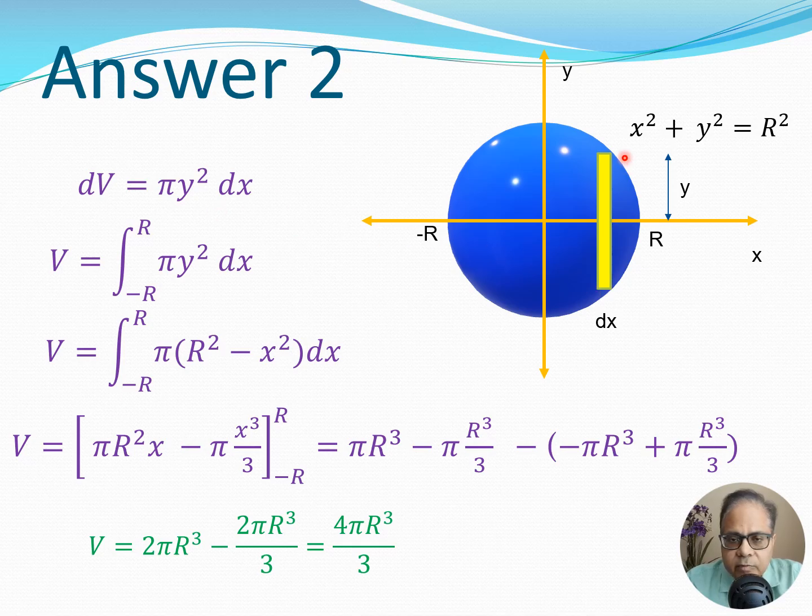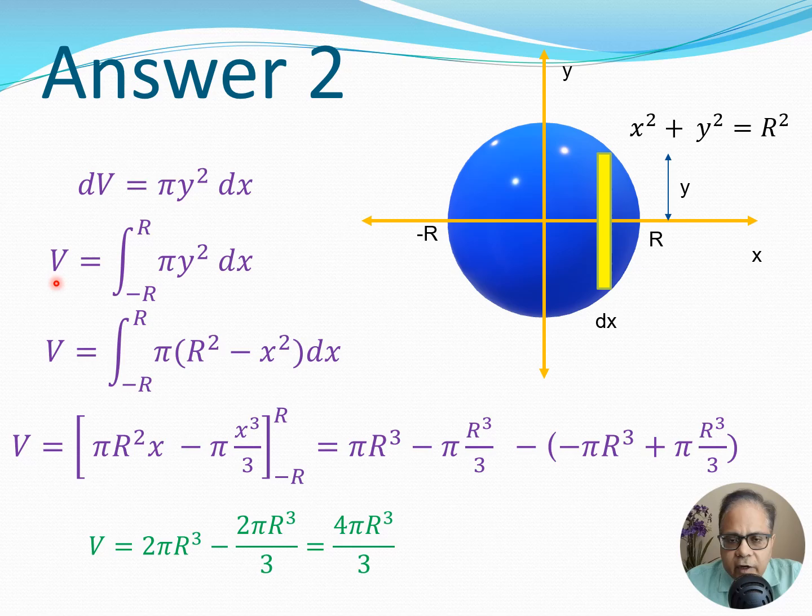Remember, y is this particular radius here, and this y of course varies as the circle goes around this coordinate system. Then we can say that dV is pi y square dx. That's this shaded region in yellow here, that is dx multiplied by pi y square. That's a small rectangle here.